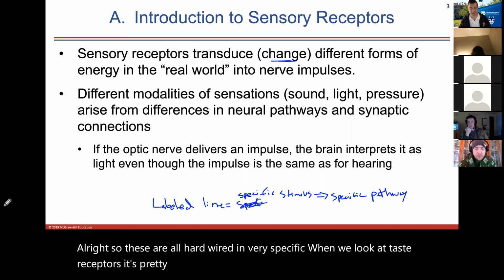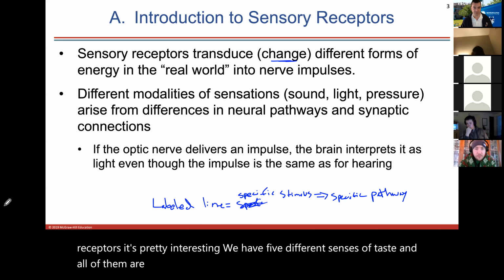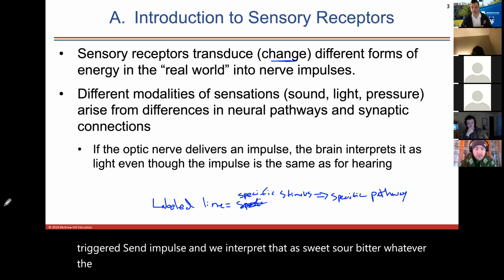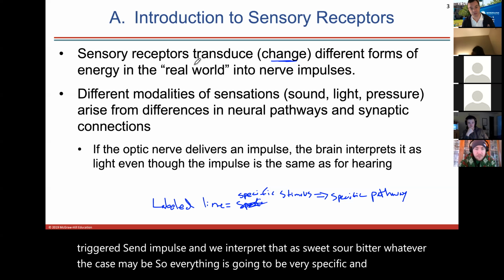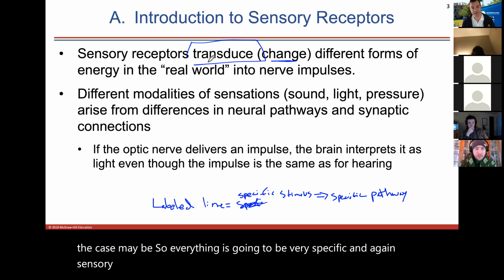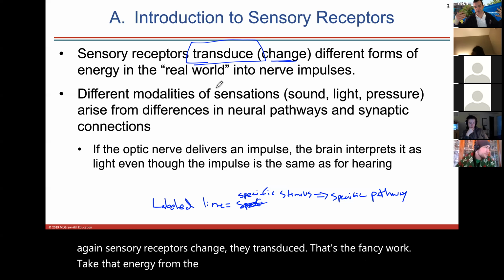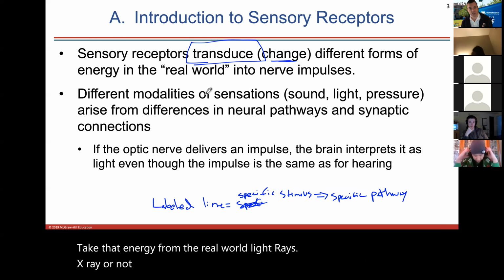We have 5 different tastes, and each is involved with a specific type of stimulus that triggers it and sends an impulse, and we interpret that as sweet, sour, bitter, whatever the case may be. So everything is very specific. And again, sensory receptors transduce. That's the fancy word. They take that energy from the real world, like light in the visual spectrum, and change it into a nerve impulse.